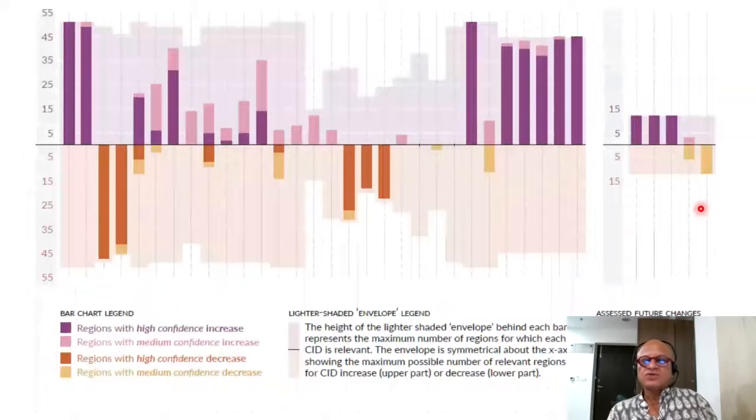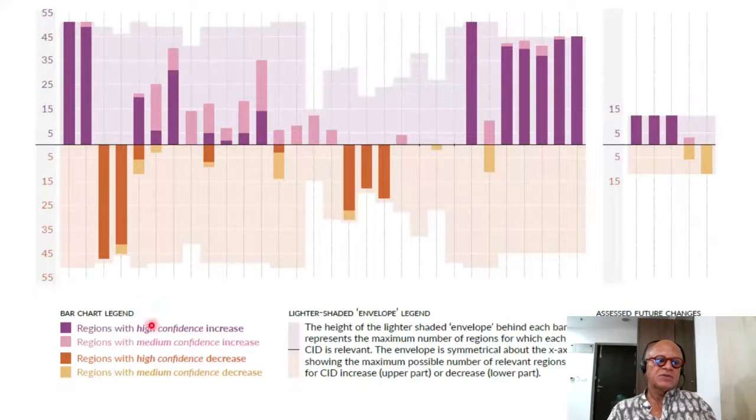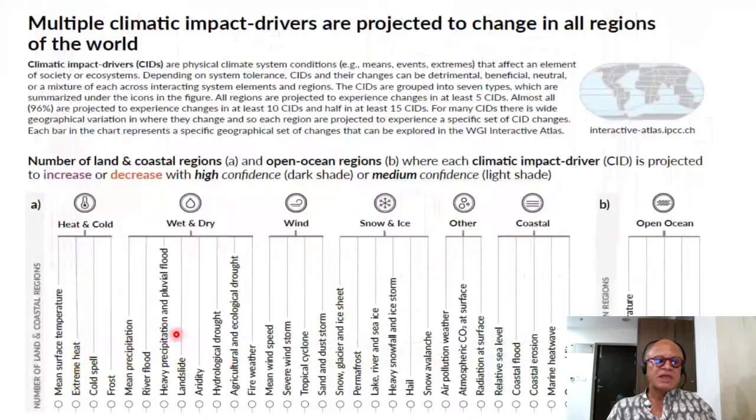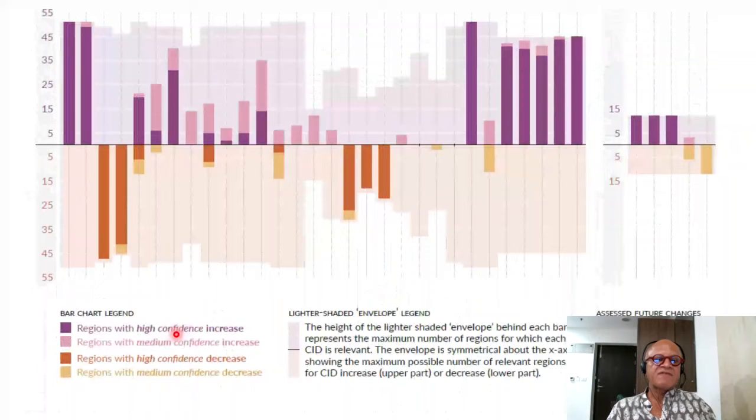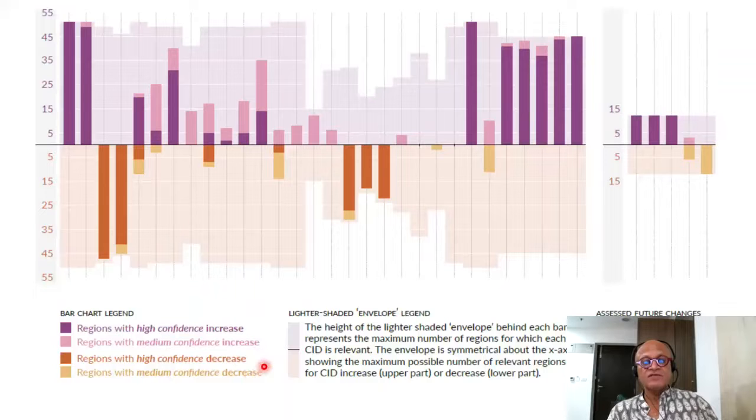Okay, so this is showing these climatic impact drivers in different regions with high confidence of increase or decrease, medium confidence of increase or decrease, and a lighter shaded envelope legend here.